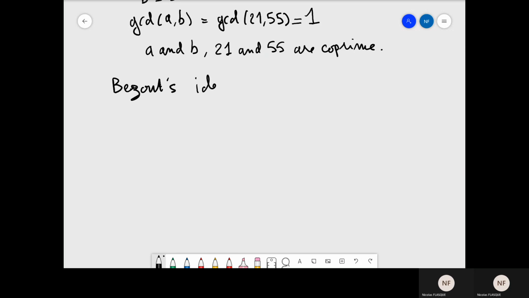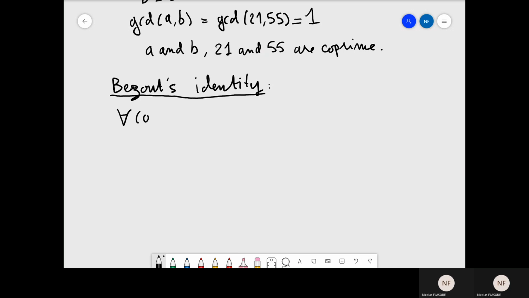Bezout's identity. Actually, there is a lot of theory about Bezout's identity. We don't need much of that theory. Let's just express it and see what we can withdraw from this identity. This identity states the following thing.